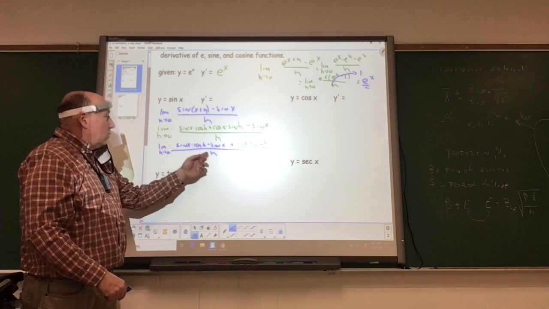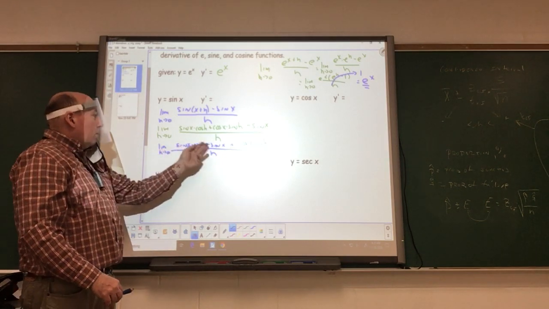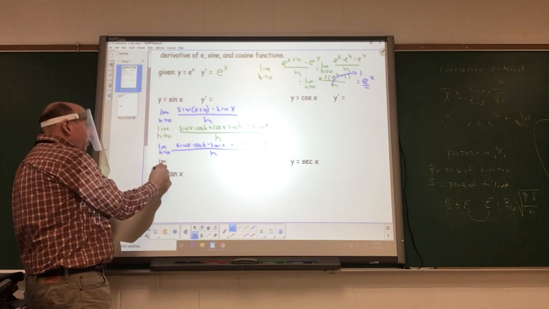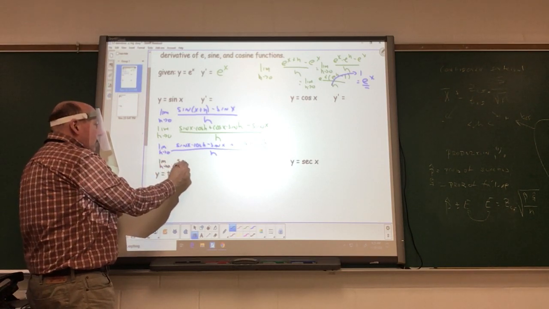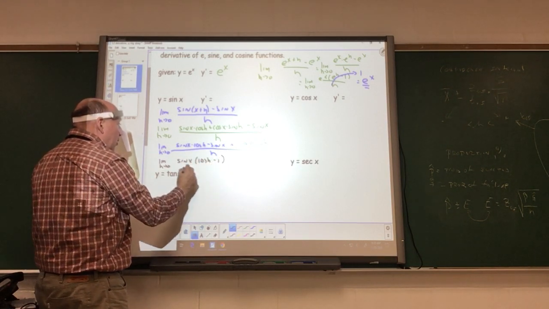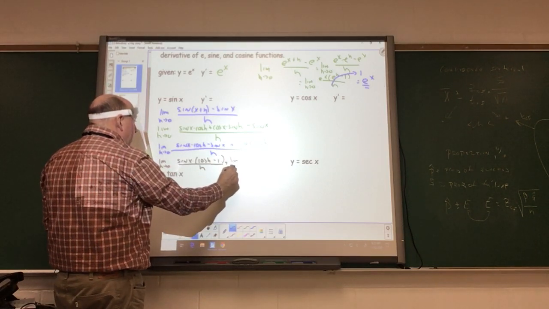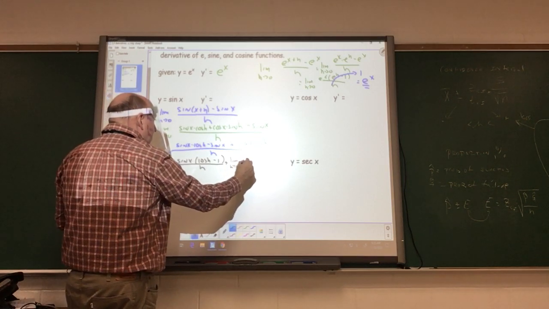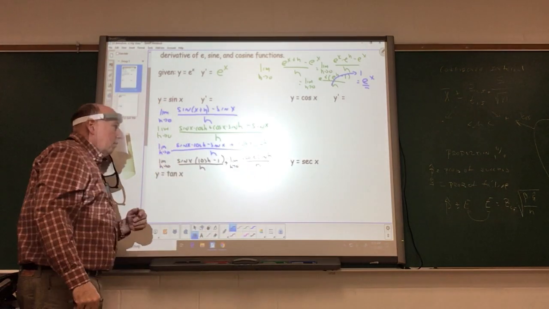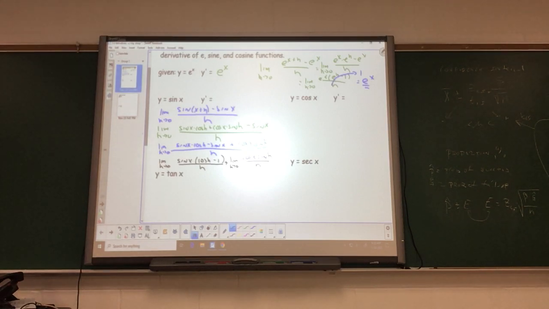That would be this over h plus this over h. And I'm going to factor out a sine of x here also. We're left with the limit as h approaches 0 of the sine of x times cosine of h minus 1 all over h, plus the limit as h approaches 0 of cosine of x sine of h all over h. All I've done is I just separated them into two fractions being added together.